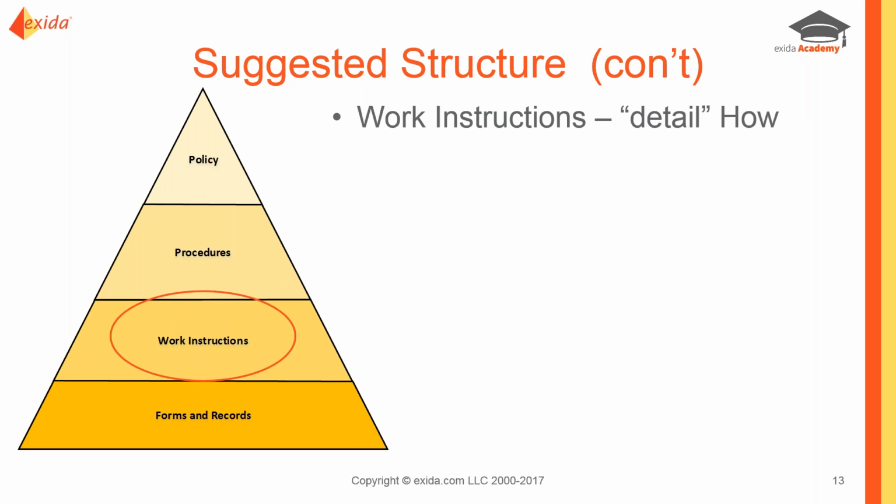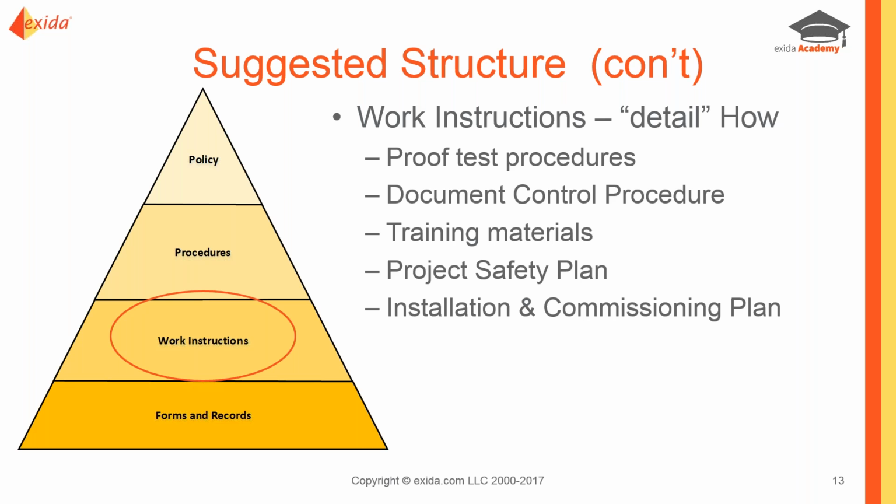The next level is starting to get down into more detail and work instructions. How do we do everything that we do? And these are documents that are typically developed later in the life cycle, such as individual proof test procedures for individual safety functions. And it's certainly these procedures and work instructions that we'll talk about a lot more in sessions 2 and 3.